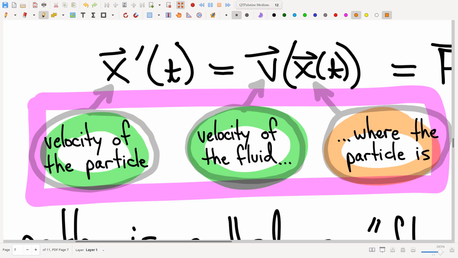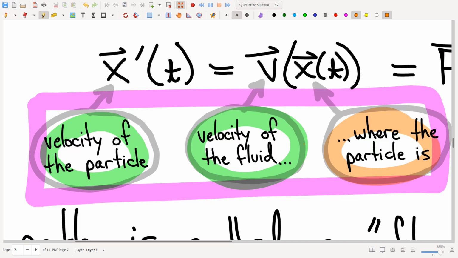It's the velocity of the fluid wherever the particle is. Right? Around where the particle is, that's the fluid that's actually pushing our particle. So the velocity of the particle is the velocity of the fluid at the point where the particle is currently sitting.